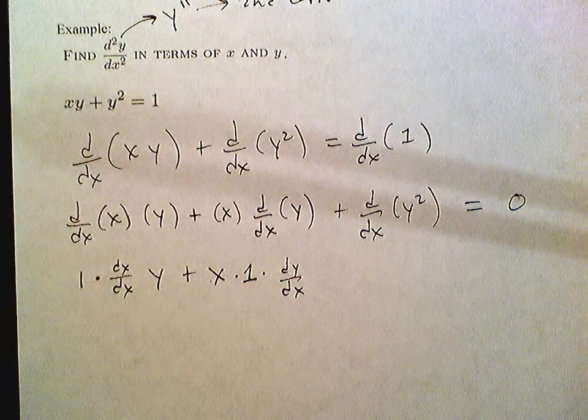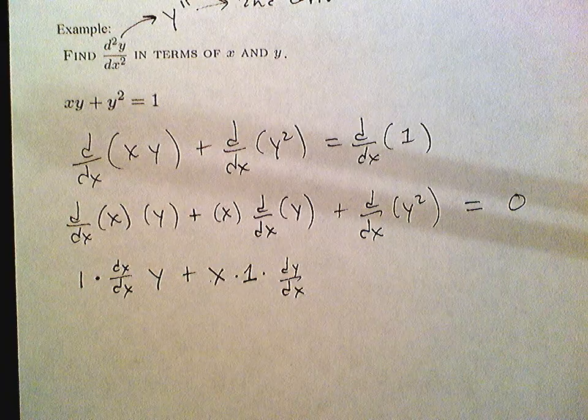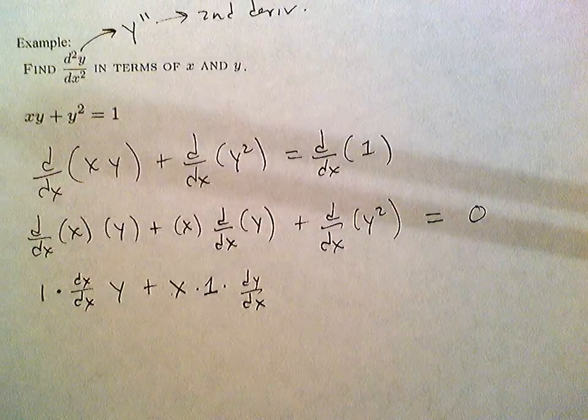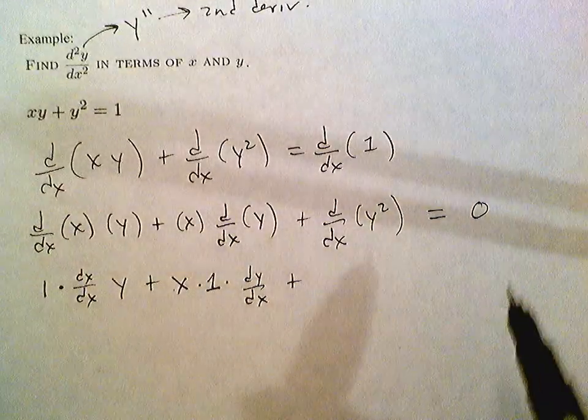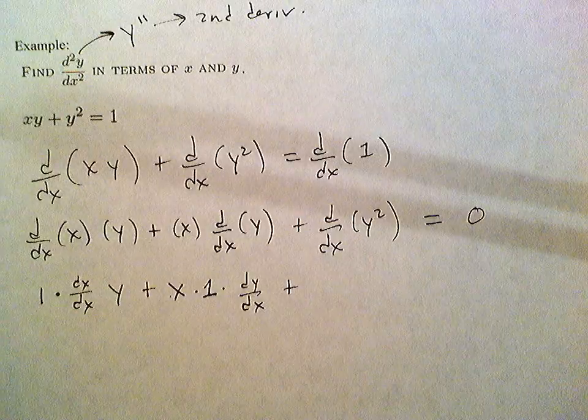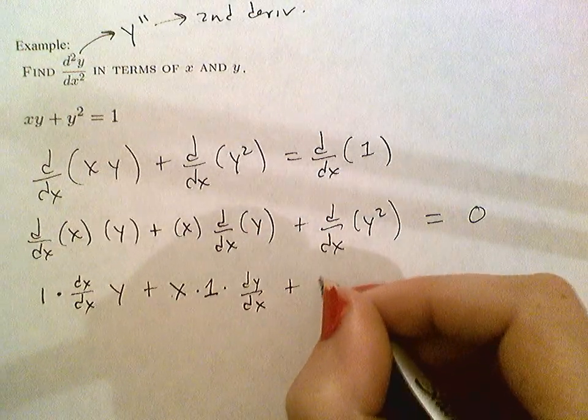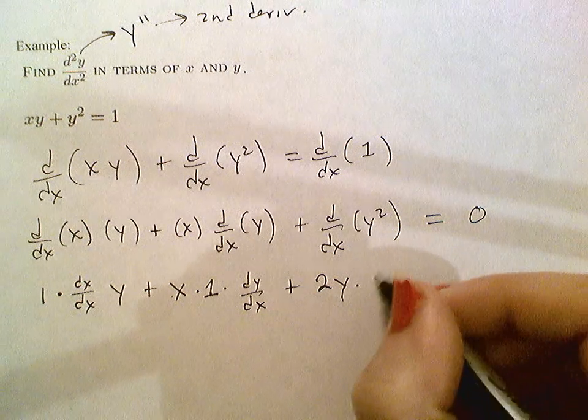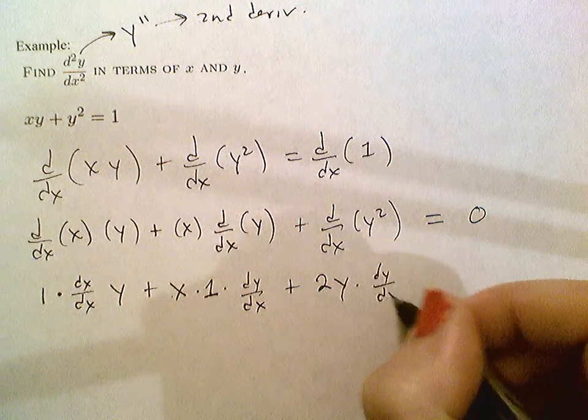And if you see a faster way, if you notice that you can skip steps when you're doing this, that's fine. And then plus, the derivative of y squared is the derivative of the outside function, which is 2y, times the derivative of the inside function, dy dx.